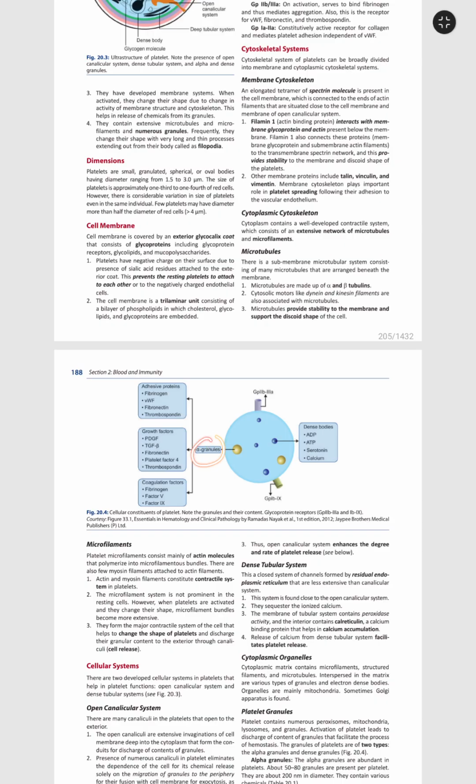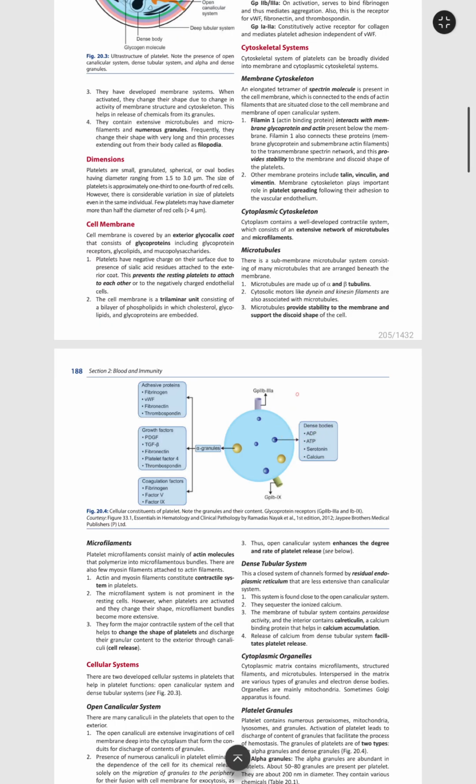Okay, so alpha granules contain growth factors, coagulation factors, and adhesion factors. Whereas dense granules secrete serotonin, ATP, calcium. Alpha granules are the main boss, whereas dense bodies are dense because of ATP, serotonin. Alpha granules contain growth factors, adhesion factors, coagulation factors like factor 5 and 9.